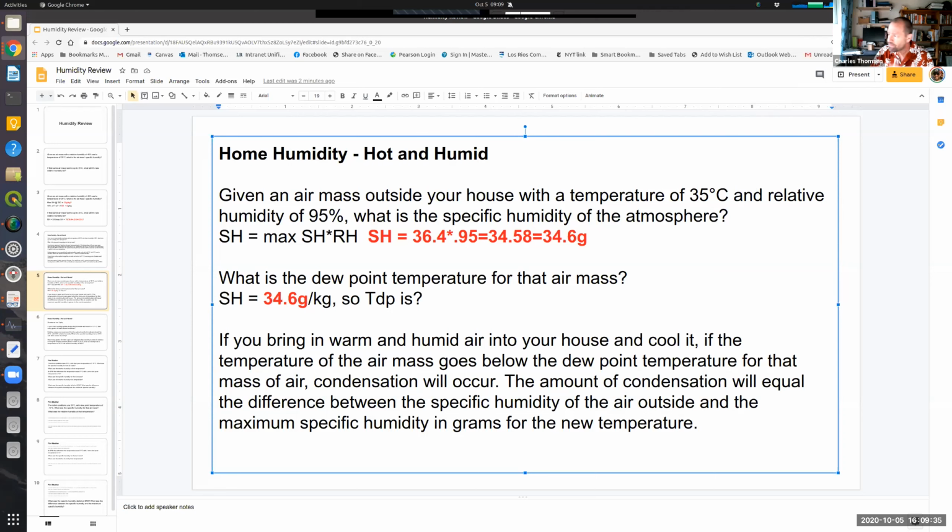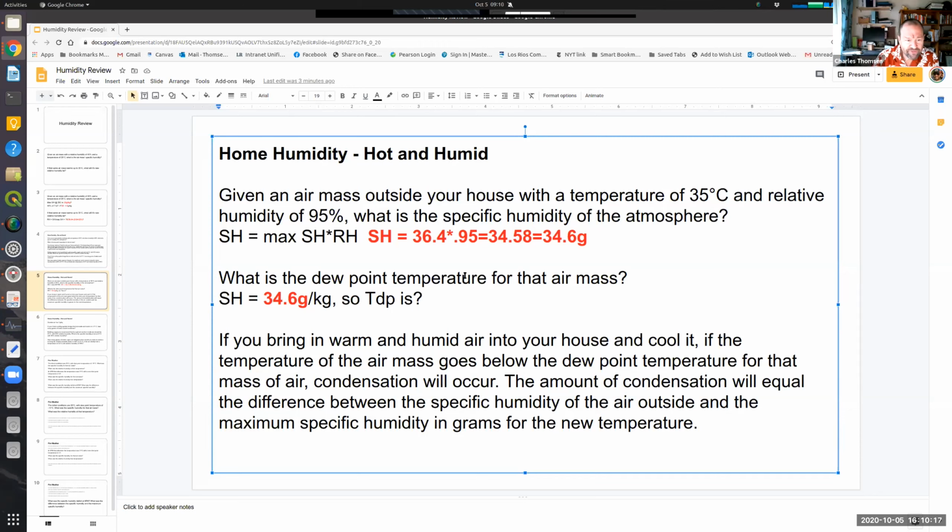Okay, so the dew point temperature, if we got 34.6, the dew point temperature is? Between 30 and 35? Well, yes, in reality, yes, but we're just going to say it's 34. Somebody asked me a question about that, and it's obvious to me, having done it for 20 years.